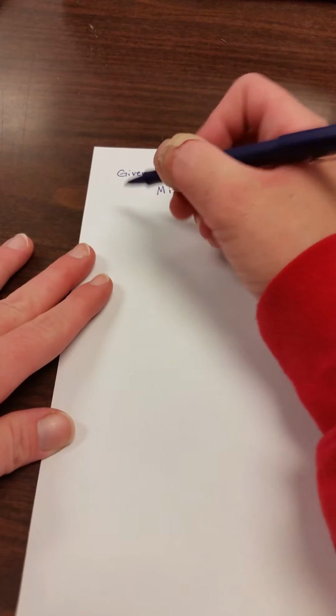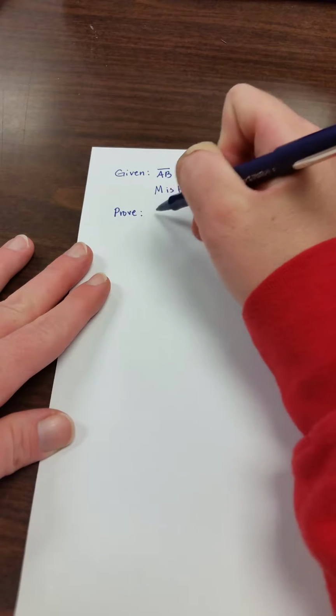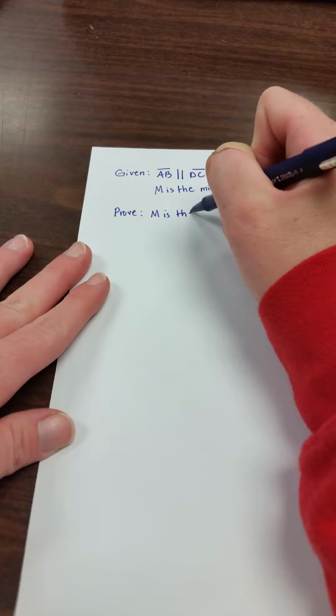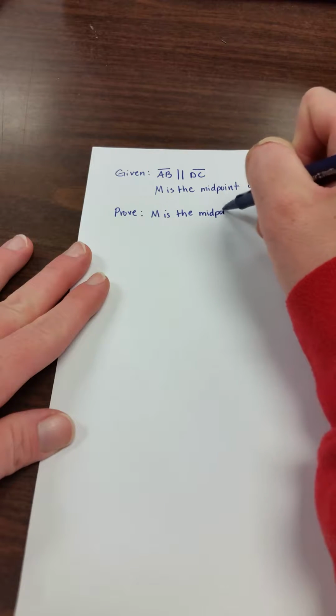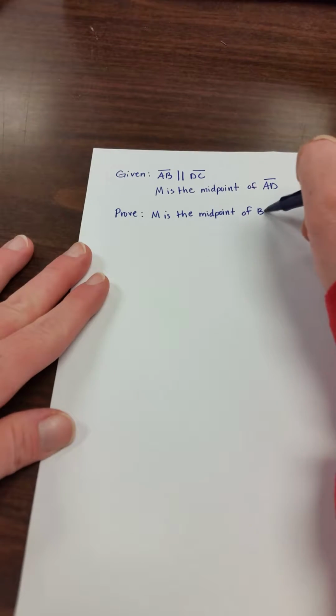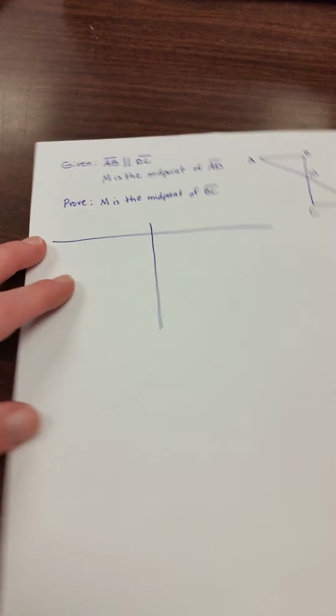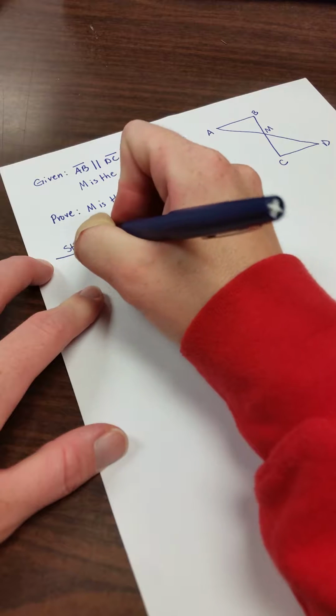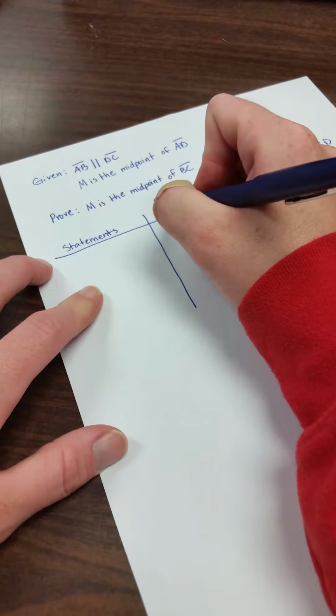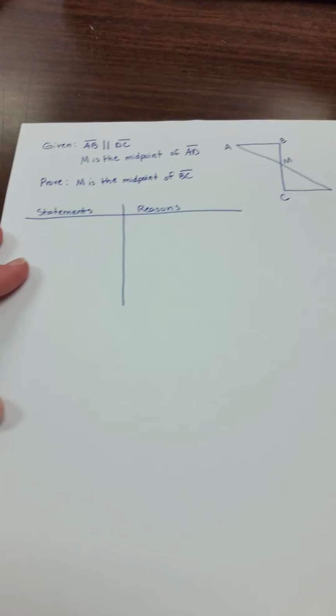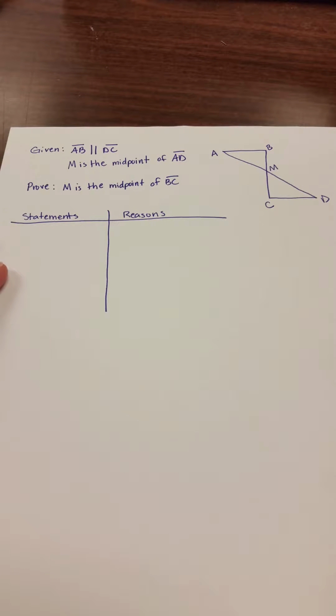Okay, and I want you to prove that M is the midpoint of BC. Hit pause if you need to catch up on drawing the picture. So we know that AB is parallel to DC, and we know M is the midpoint of segment AD. What we're trying to prove is that M is also the midpoint of segment BC.